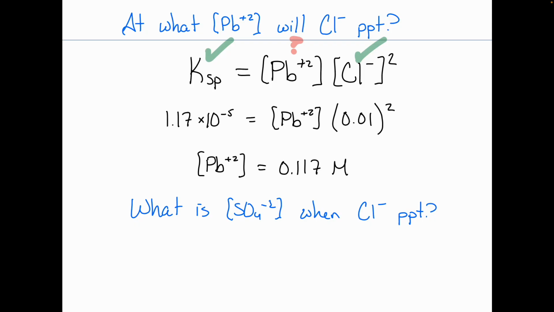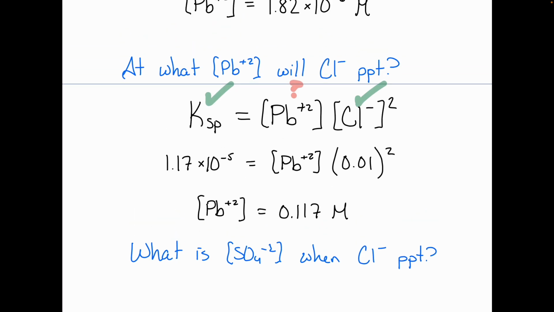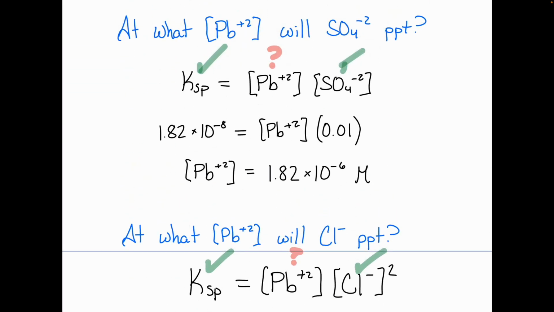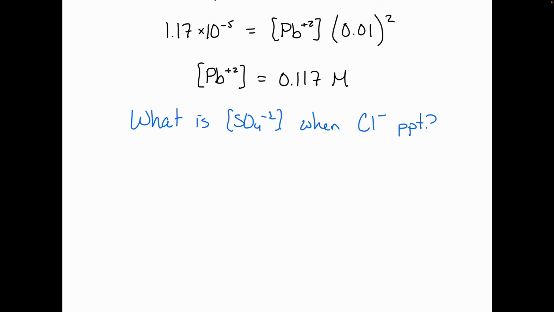All right, importantly, lead sulfate has started to precipitate way before the lead chloride, right? Which means sulfate's being pulled out of solution. My sulfate concentration is continuously going down before that chloride starts to precipitate out. But again, this isn't too terribly bad here, because if I look at my equation, do I know my Ksp for this equation?